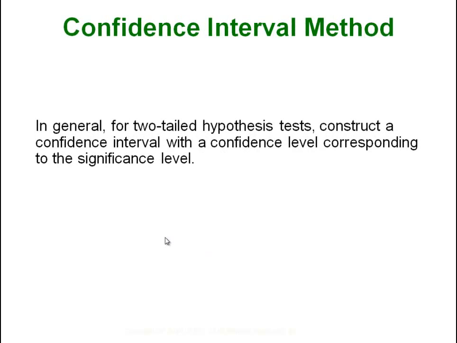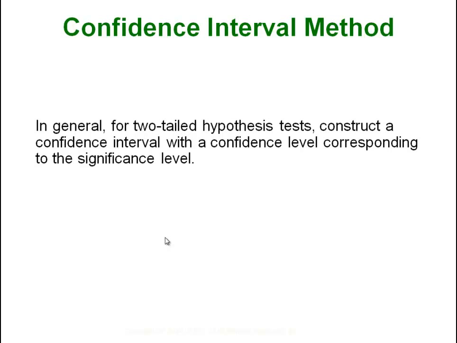The confidence interval method is discussed in some textbooks, so I'll discuss it here briefly just so you know what they're talking about, but it's a horrible method because it lends itself to a lot of problems. In general, it's only for two-tailed hypothesis tests, so right there it's already limited. Whenever you do a one-tailed test, you can't use it.